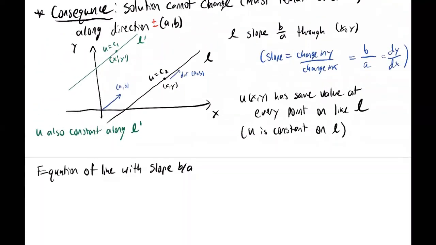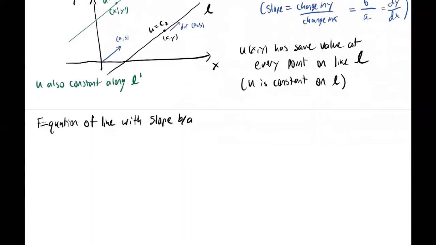All these lines were just different lines with the slope b over a, with possibly different y-intercepts. Well, the equation is just y is equal to b over a times x, plus maybe some other constant r, which is the y-intercept. Right, when x is equal to 0, this is the y value, right? So r is a constant.